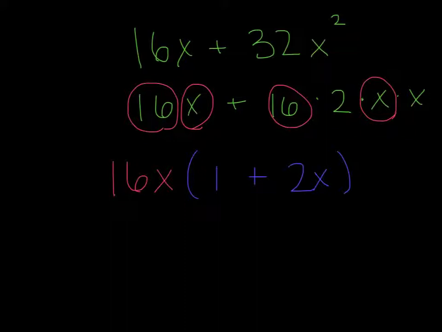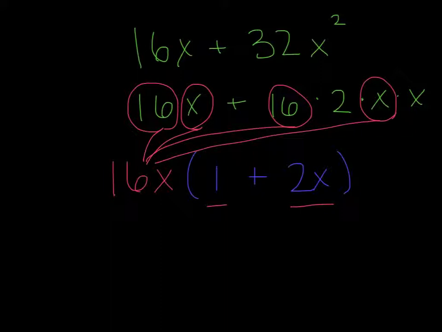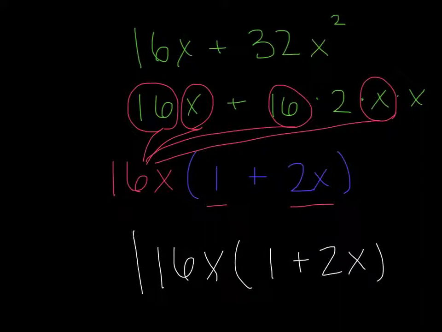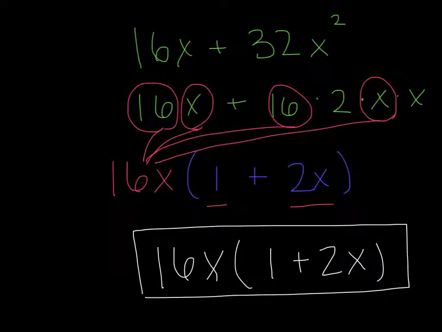If you factor a 16x out of both terms, you're left with 1 plus 2x. So 16x parentheses 1 plus 2x is the factored expression.